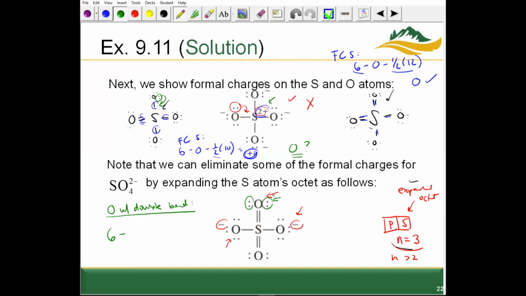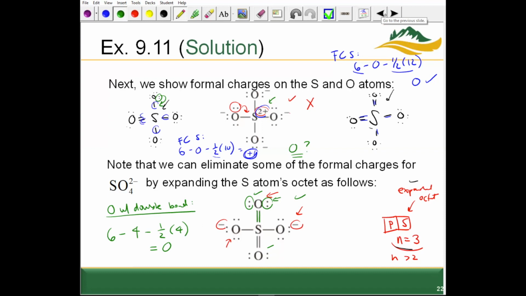The number of electrons in lone pairs, that's 4. Then -1/2 times the number of electrons in bonds, that's 1, 2, 3, 4. 6 minus 4 is 2 minus 2. Oh, we've actually made it better for these oxygens as well. These all have 0 formal charges too, so this is a really good structure for sulfate.